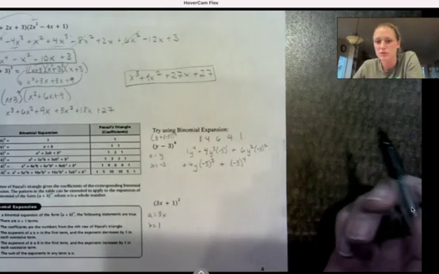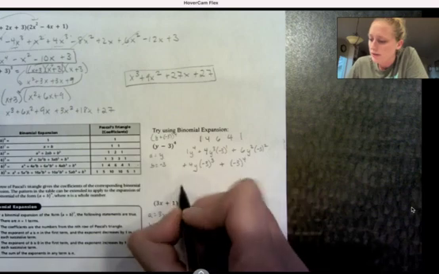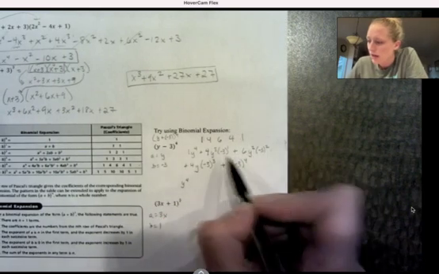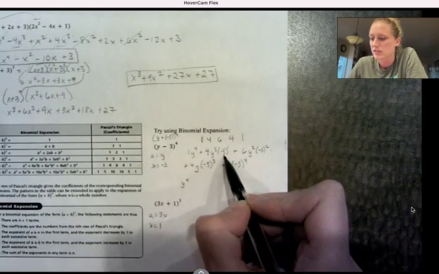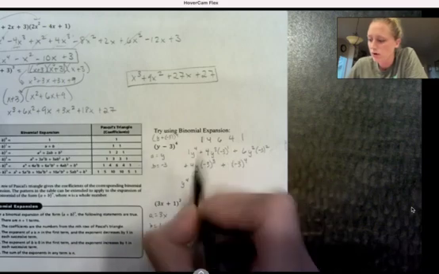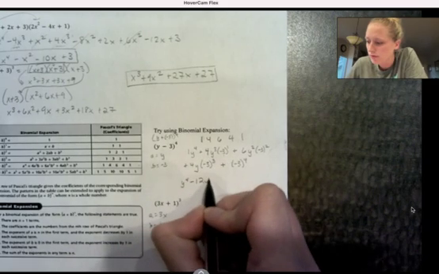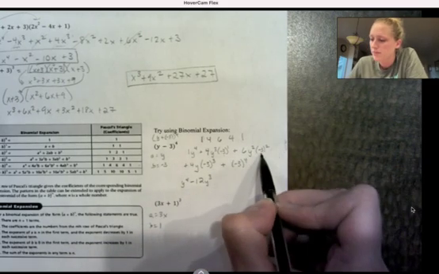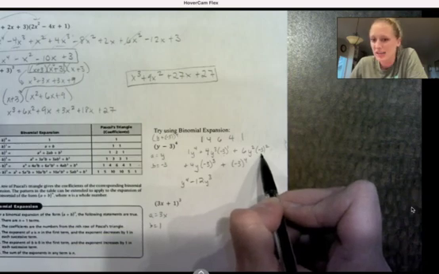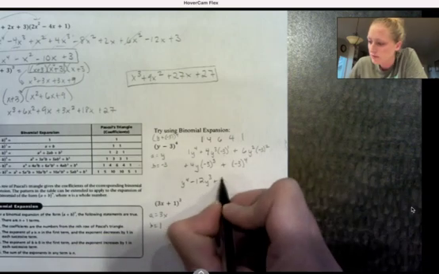Okay, so now if I come through and simplify this, y to the 4th. Negative 3 to the 1st is negative 3, times 4 is negative 12. Here, negative 3 squared is 9, 9 times 6 is 54.